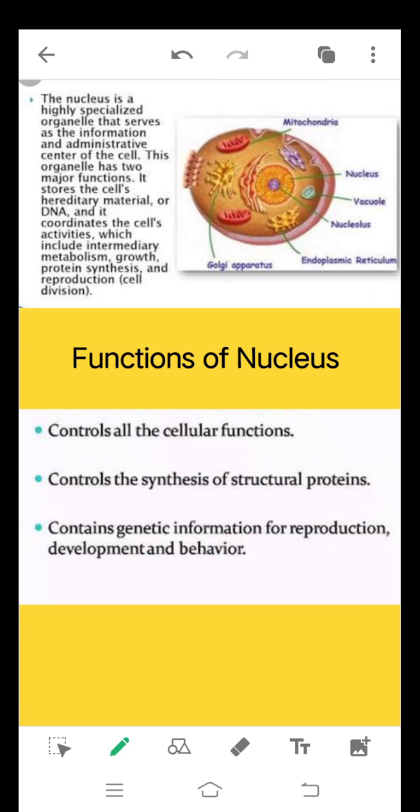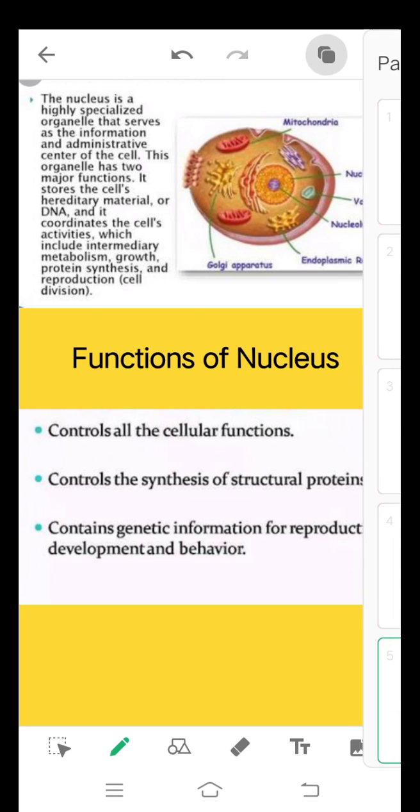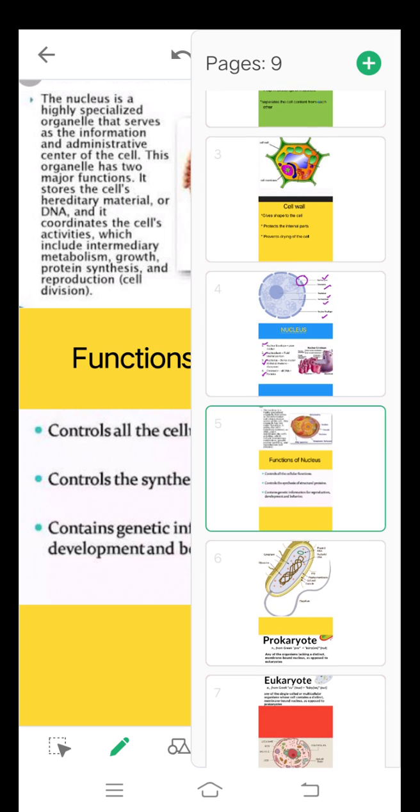Hence, the nucleus is also called the control center of the cell. It controls the synthesis of structural proteins in the cell. It contains genetic information for reproduction, development and behavior. The DNA present in the nucleus carries all the information for hereditary characters, which are transferred from parents to the next generation. So hence, the nucleus is a very important part of the cell.